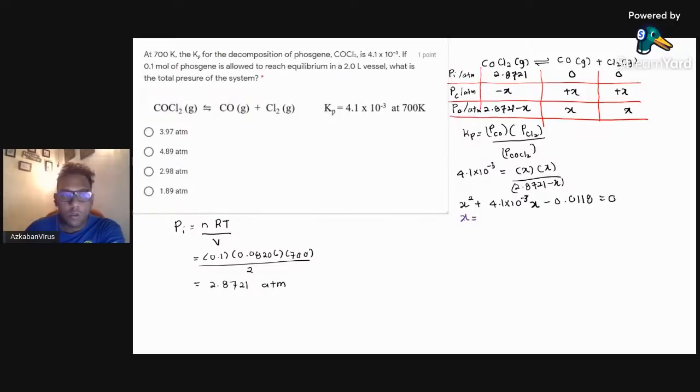X is equal to 0.1066, dengan lagi satu adalah X is equal to negative 0.1107. Yang negatif kita reject. Ini kita reject.